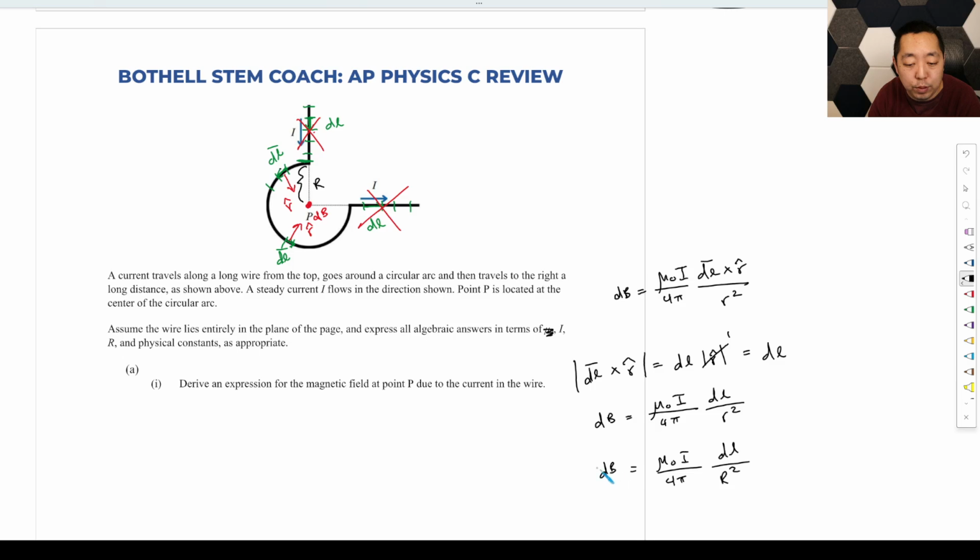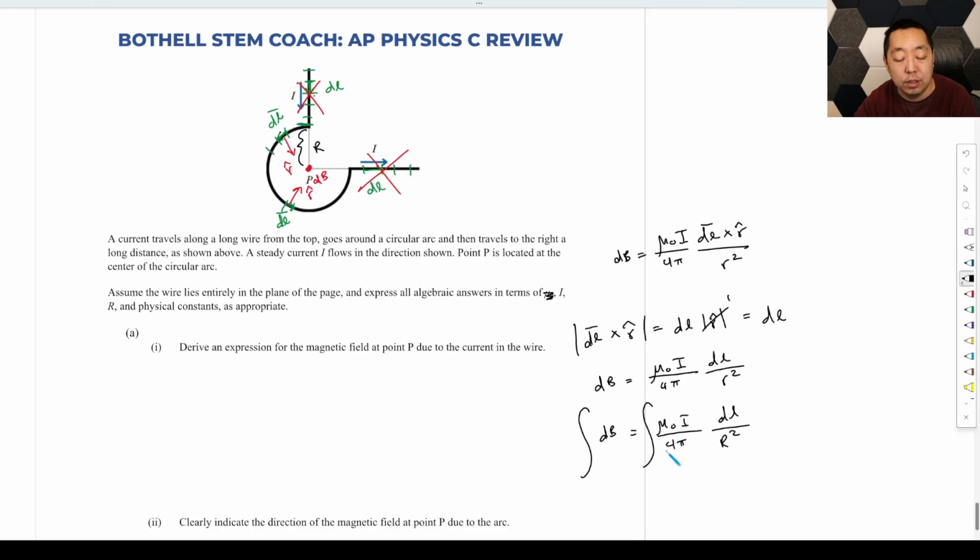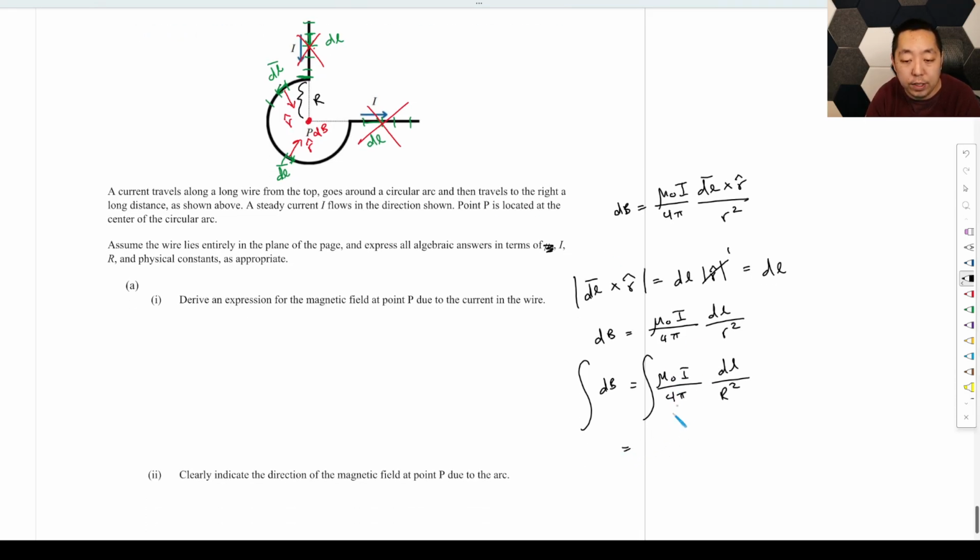Now if we want to add them all up and find the total contribution of the magnetic field, we're going to integrate. Everything is a constant except the dL, so we're just integrating dL. If you add up all the lengths of the dL's, what is that? It's the length of that segment of wire, which is 3/4 of a circle.